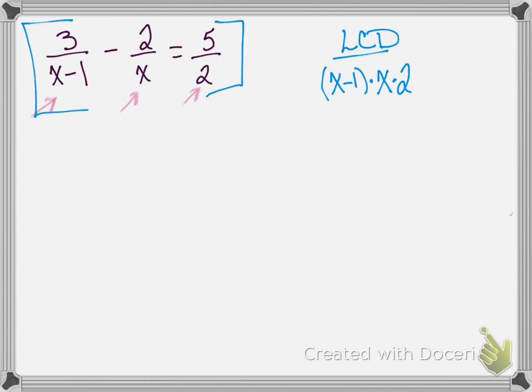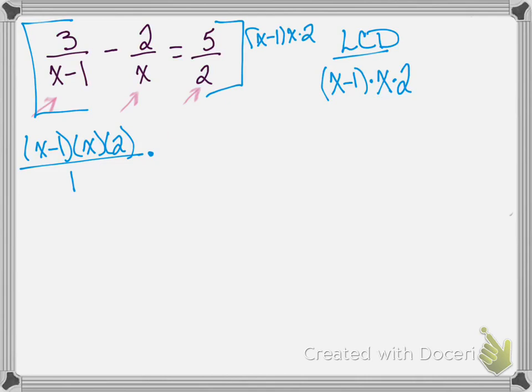And so I am going to multiply everything times this LCD. That's what I'm multiplying everything by. So I'm going to write it all out so that we can see it super clearly. So I've got x minus 1 times x times 2 over 1, and I am multiplying that times my original problem.